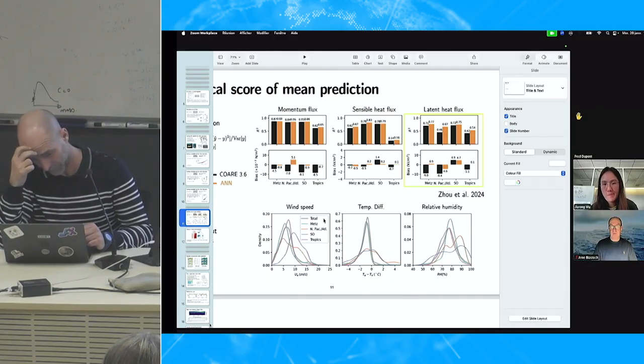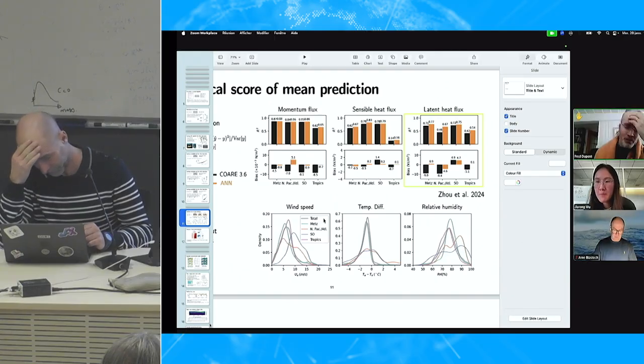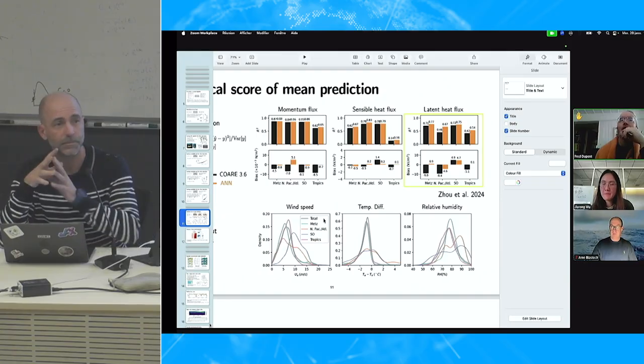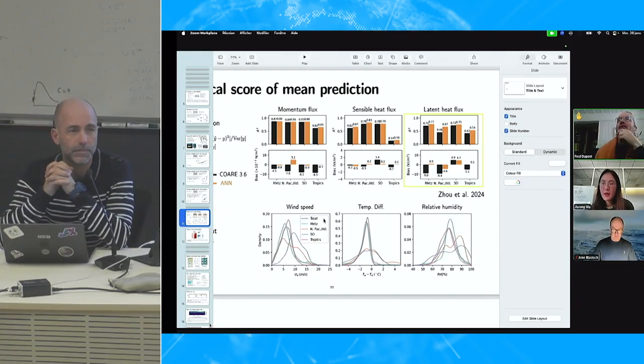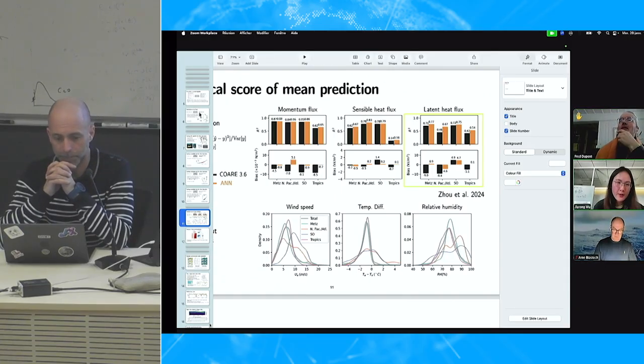Sure. Yes. Thanks for the talk. A quick question about spatial representativity or uncertainty. Is that something you can account for as well? The fact that the model is a spatial average versus the point-based observation.